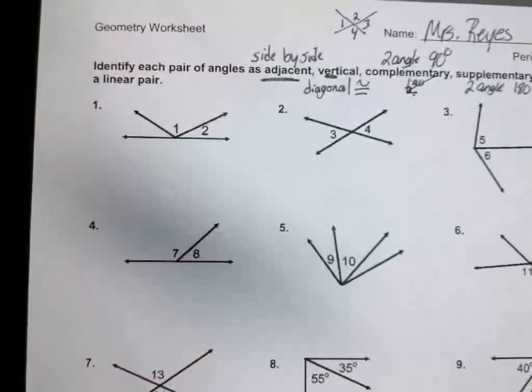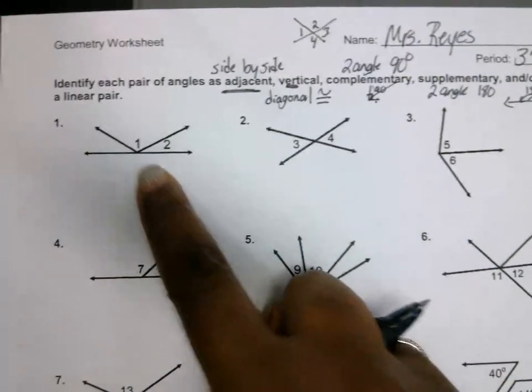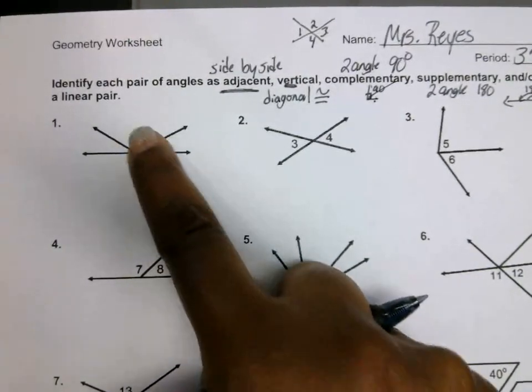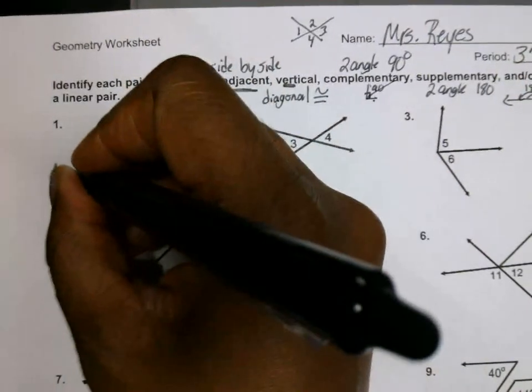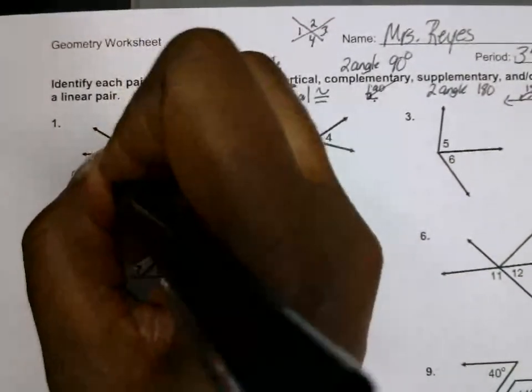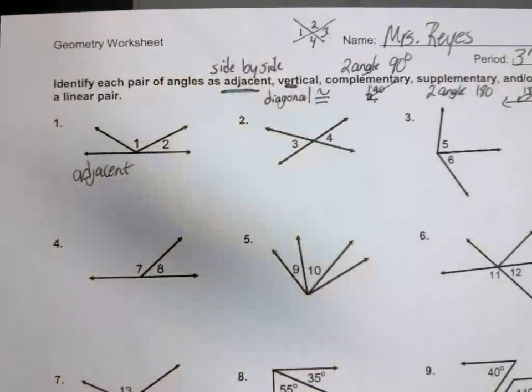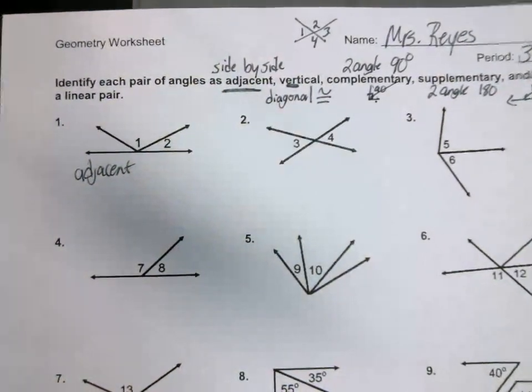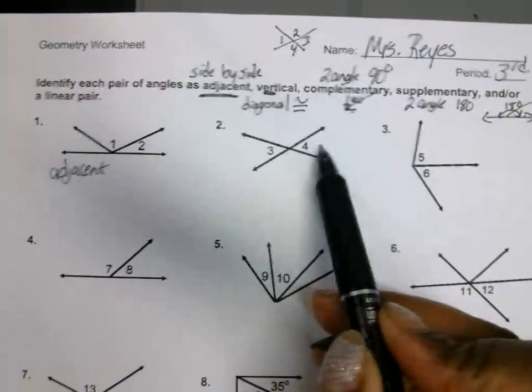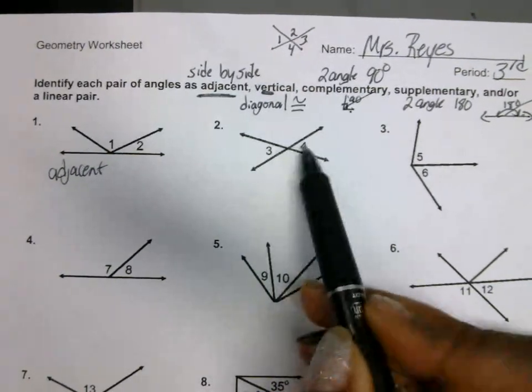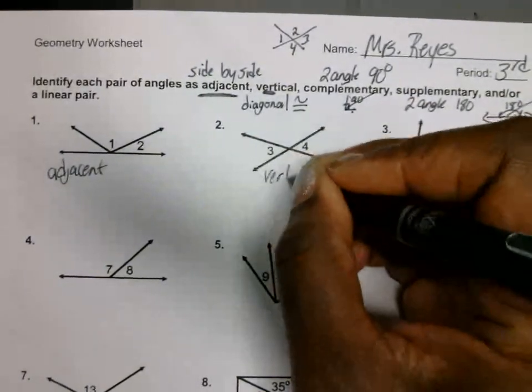All right. Number 1. What does that look like to you? These are side by side, so that makes them what? Adjacent. Number 2, vertical. They're diagonal. That means they're congruent. These are vertical angles.